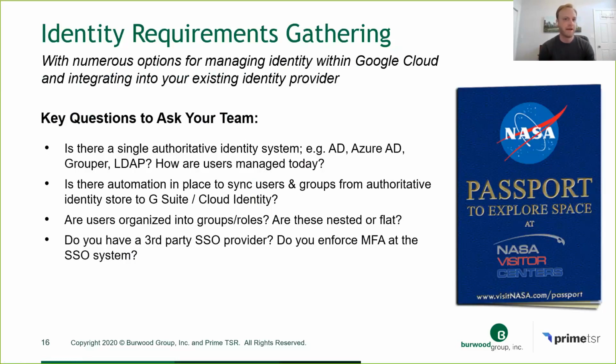It works like magic. And like you said, no programming required, just some configuration setup. That was one of the things that really stood out to me when I was first learning about Google: how easy it was and how many tools were available to set up. Prime TSR is using a lot of those tools as well to keep our access and systems in sync. Exactly, being able to sync not just users but groups as well.